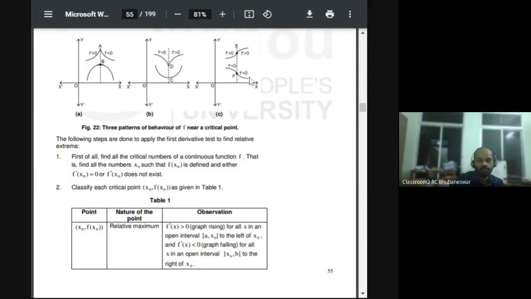Similarly, if we look at the lower curve drawn in the lower part of the figure, the value of the first derivative of f at the point x0 is negative. If we move slightly to the right-hand side of the point, the first derivative is also negative. That means the sign does not change near the point x0 when we move from left to right.